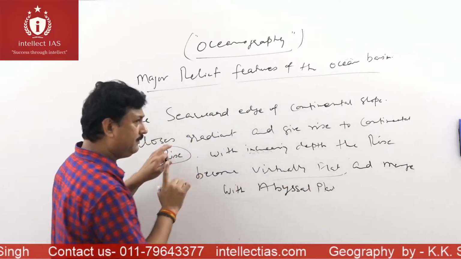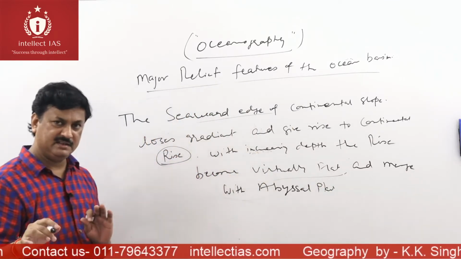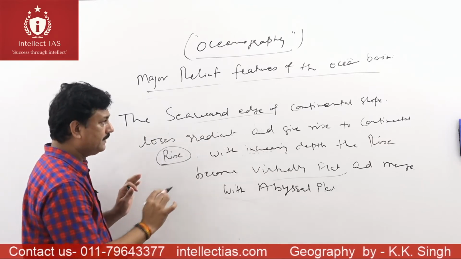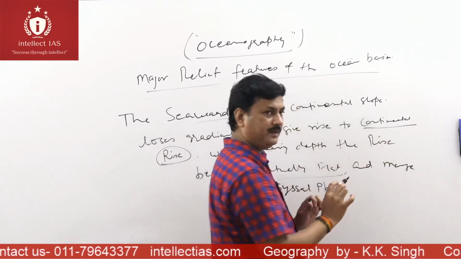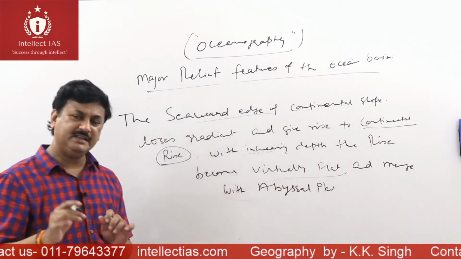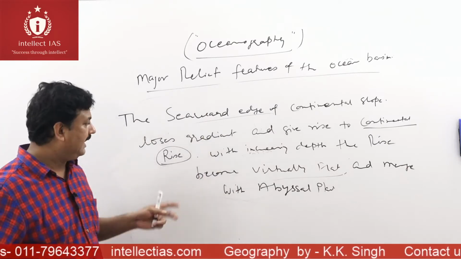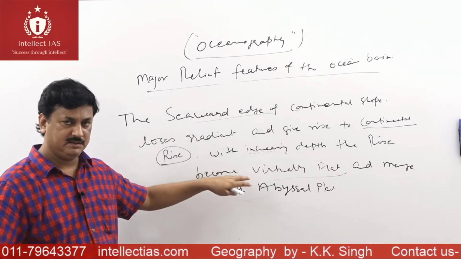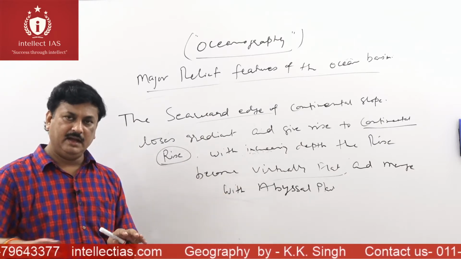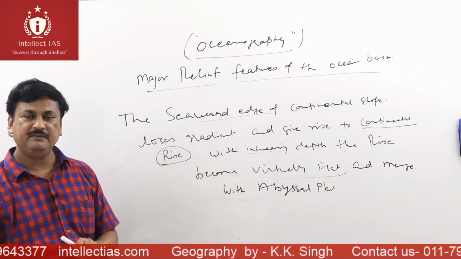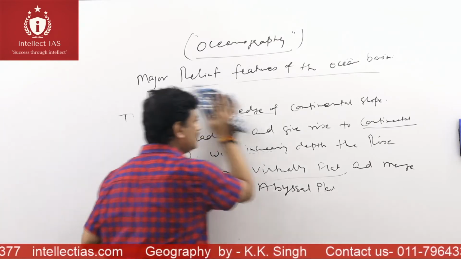So the seaward edge of the continental slope loses its gradient and gives rise to the continental rise. The continental rise is also a feature of the ocean, found at the continental slope. With increasing depth, this rise becomes flat and becomes part of the abyssal plain. Now look here.